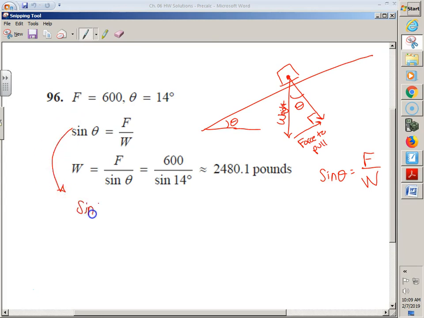So you had sine of 14 is equal to F, oh, we know that, is 600, all over W. Now, guys, they rearranged the formula first and then plugged in. That's fine. You could rearrange the formula if you want to. It doesn't really matter. Or you could just solve it the way it is right here after plugging in. But either way, divide by sine of 14, you end up with your 2,480.1 pounds.